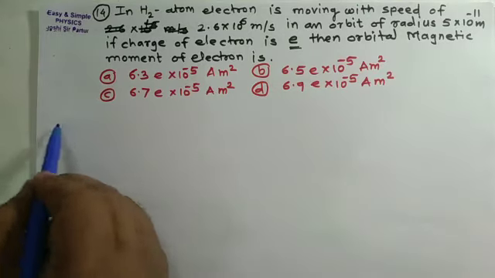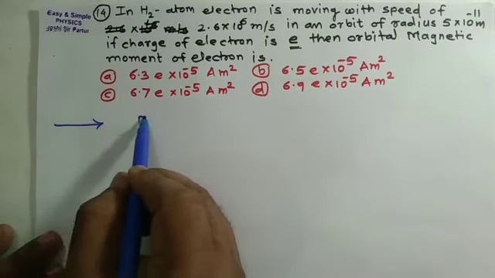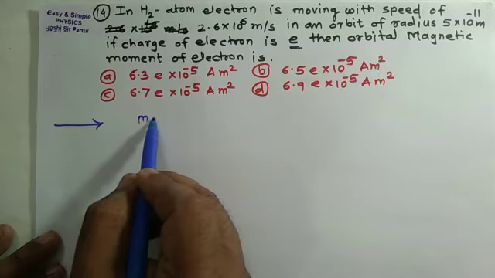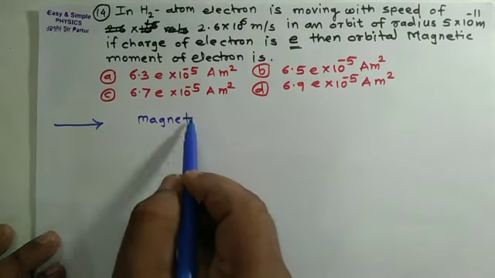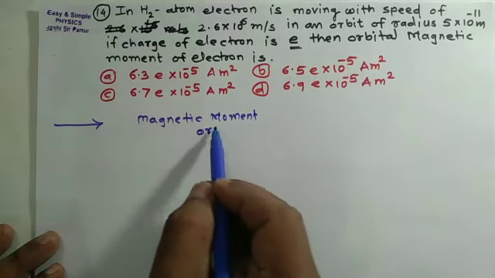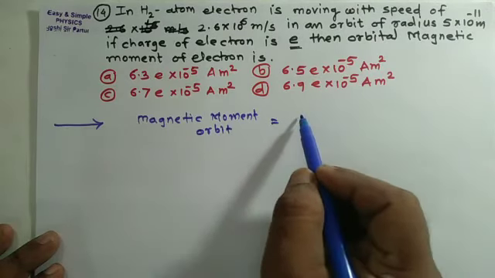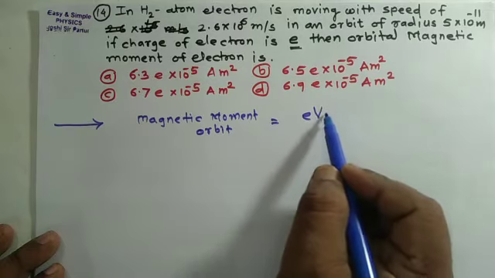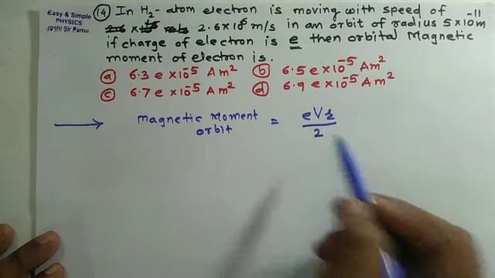See here, a formula for orbital magnetic moment. Magnetic moment orbital, that is evr upon 2.